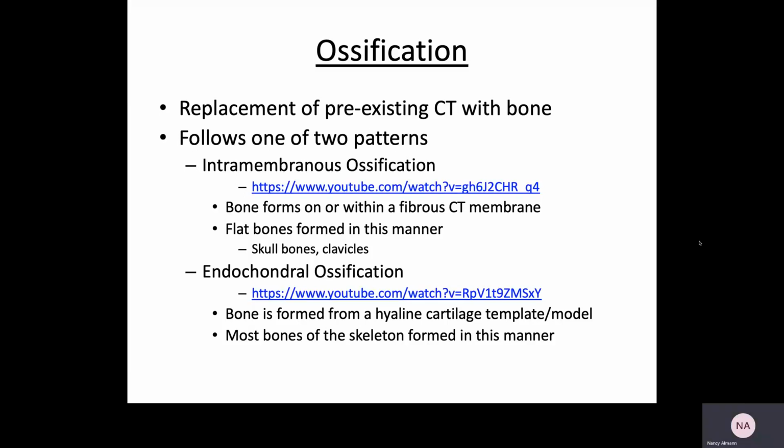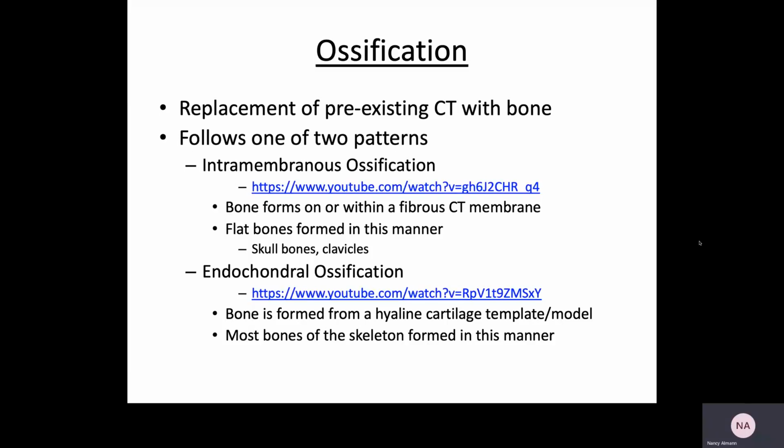Endochondral ossification. Endo for within, chondral for cartilage, and sure enough, bone forms through this method of ossification because the very first supporting structure is going to be a hyaline cartilage model or template. Most of the bones of the skeleton are going to be formed through endochondral ossification.